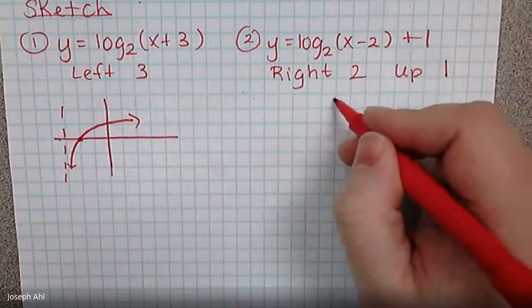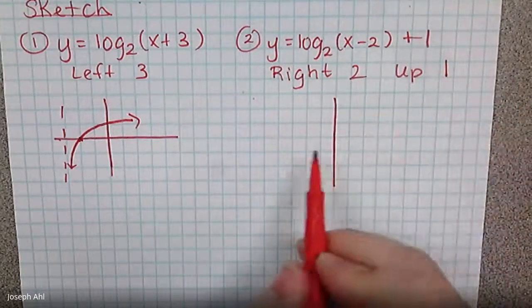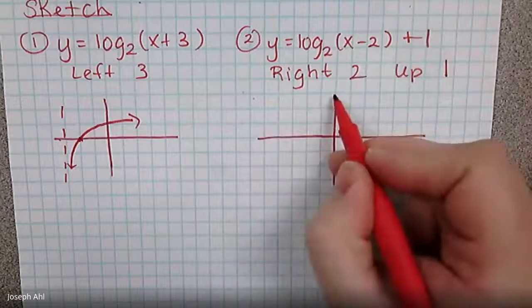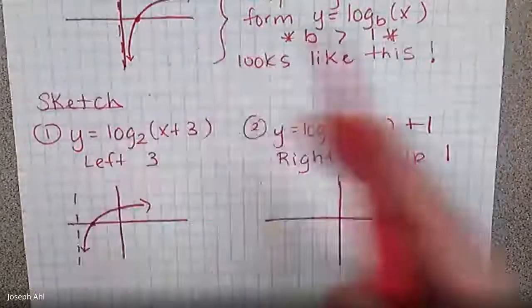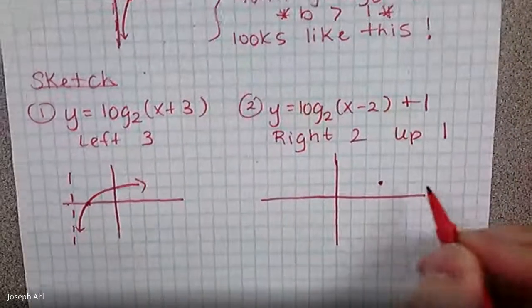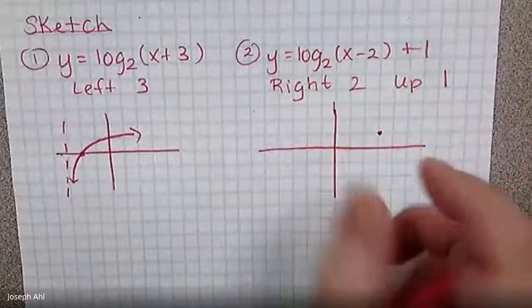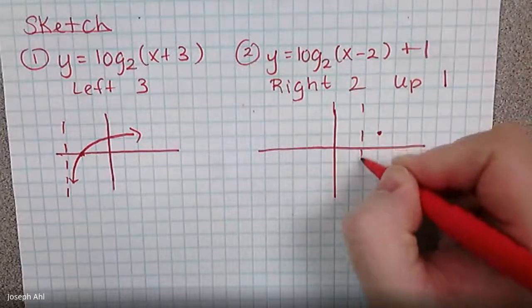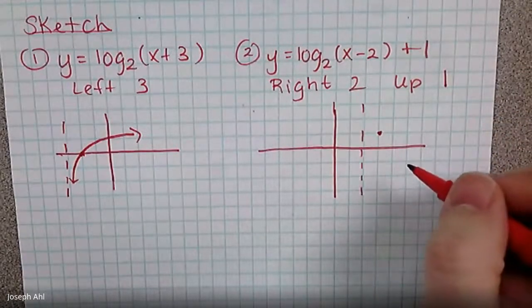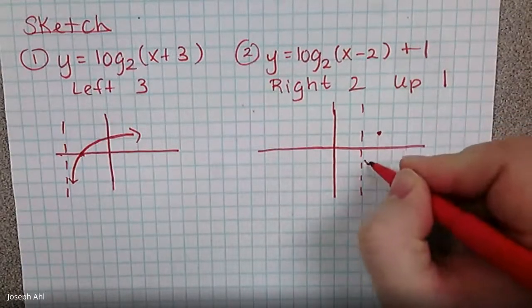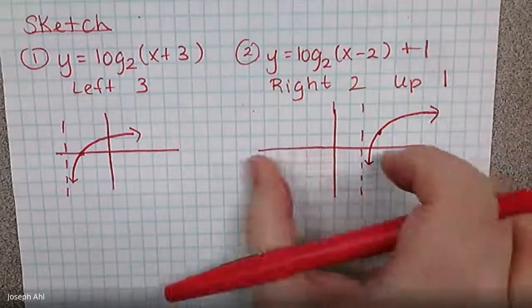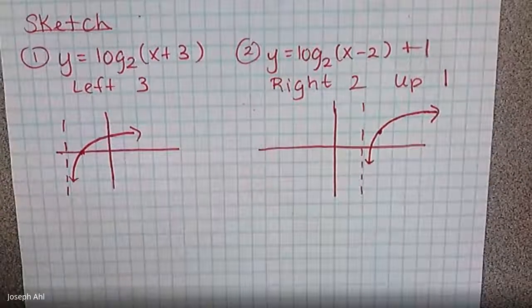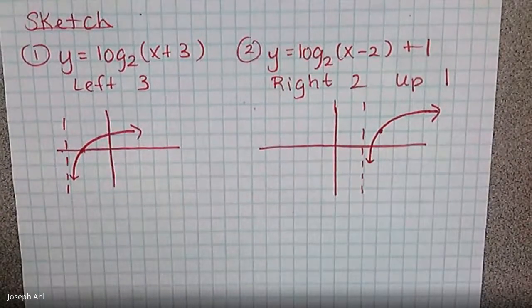So if I think about going back to the parent function, we want to move this point to the right 2 and up 1. So that looks like it's going to be at (3, 1) now. And because we shifted everything to the right 2, don't forget to move the vertical asymptote with it. So the vertical asymptote is at x equals 2. And then sketch that general shape. Here we go. So as compared to the original, it should look like we took everything, moved it to the right 2 units, and then up 1 unit.